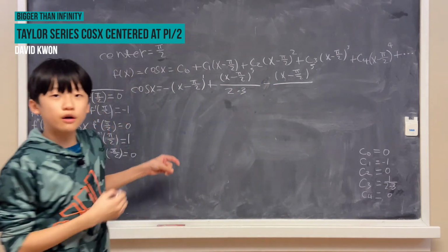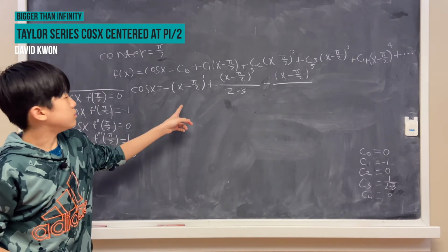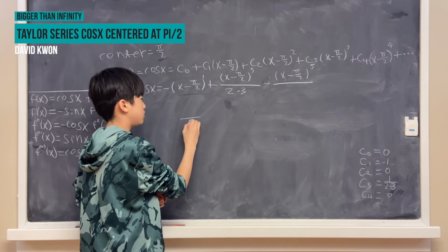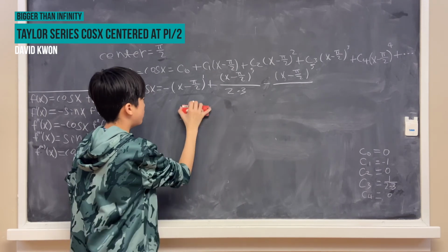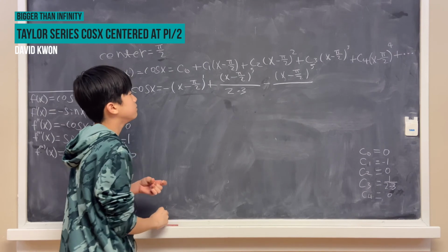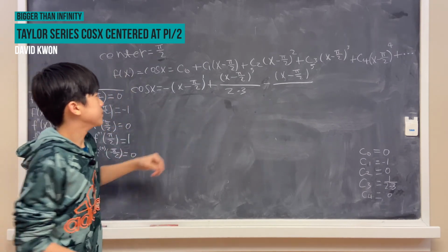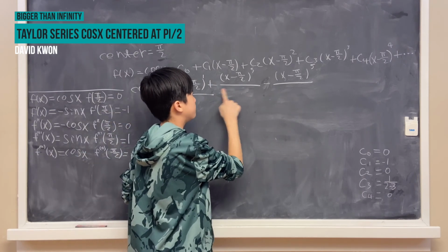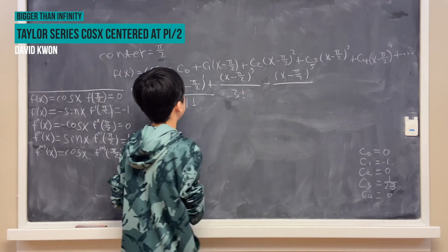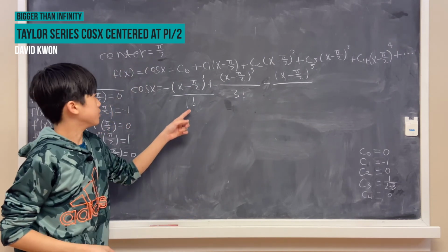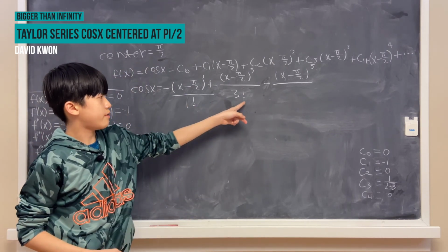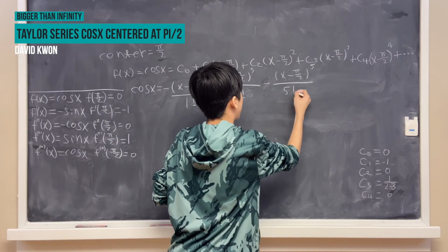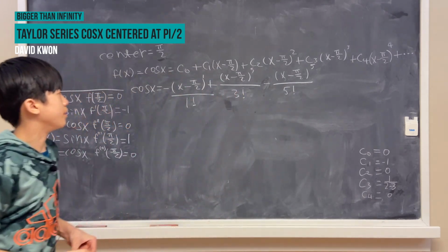And looking at this very carefully, do you call this denominator or numerator? I don't know, but we'll just call it the bottom, and our bottoms are actually 1 factorial, and this is 3 factorial. So since this is 1 factorial, 3 factorial, using some common sense, our next term's bottom would have 5 factorial.